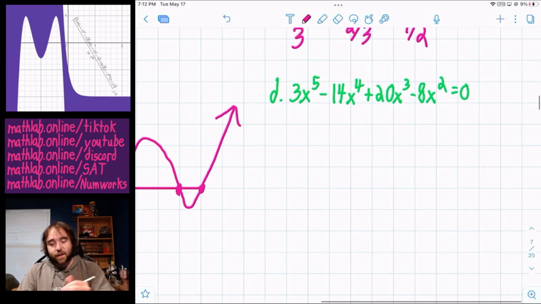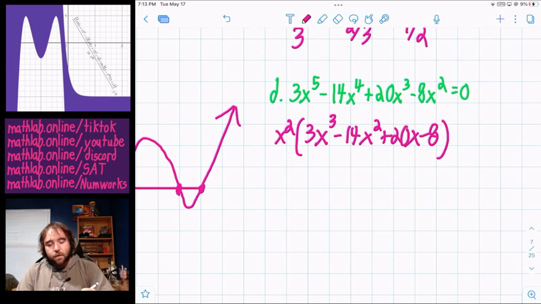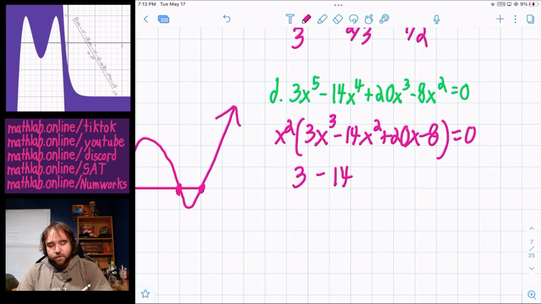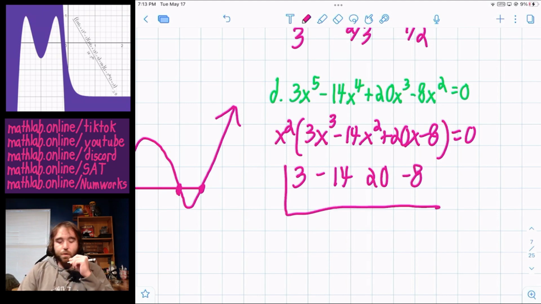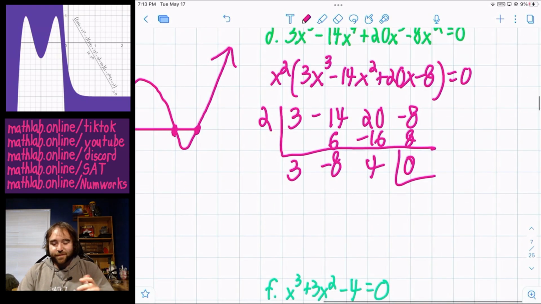All right, next one. It's an x to the fifth, but that's not actually bad because we can just factor out an x squared from everything. So we get 3x cubed minus 14x squared plus 20x minus 8. So we're still going to have to do synthetic division, but only once. So 3, negative 14, 20, negative 8. Does 1 work? Almost, but no. So let's try 2. 3, 6, negative 8, negative 16, 4, and 8. Nice. So what is that then?